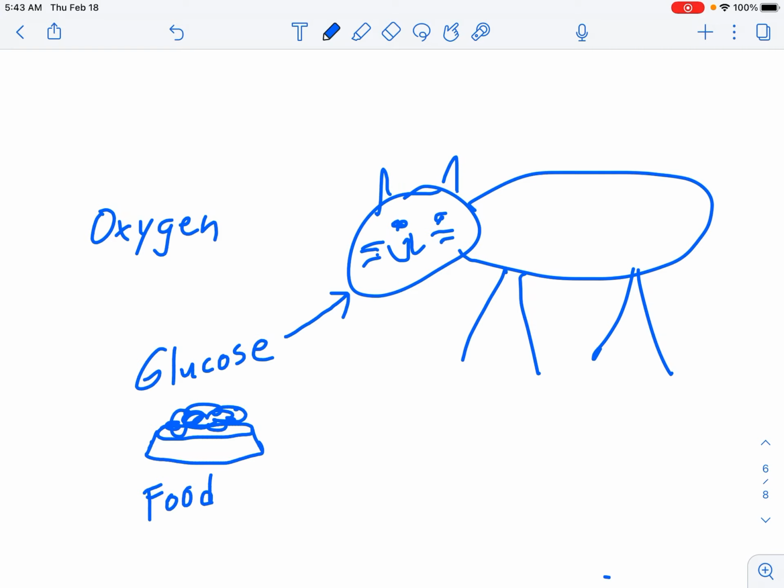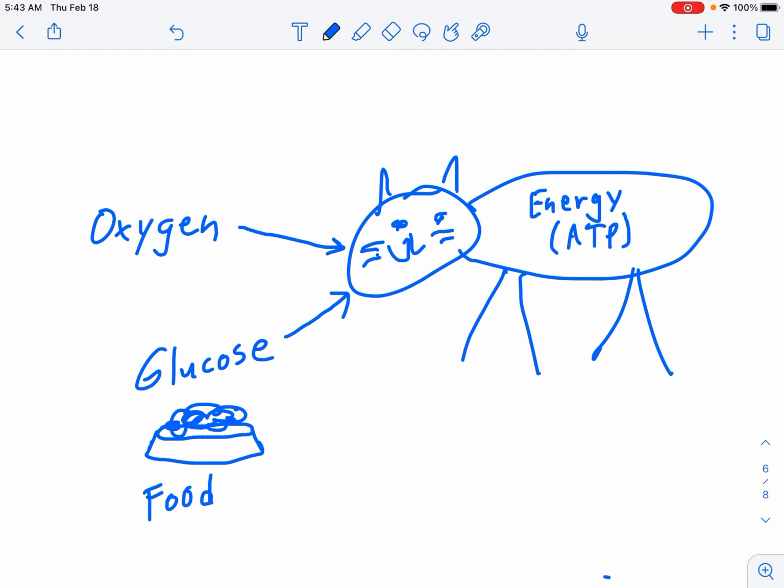And the cat's going to be breathing that oxygen in. Now, once the chemical reaction happens, that cat is going to have some energy. And that energy comes in the form of something called ATP.